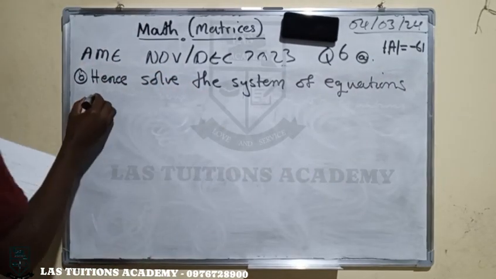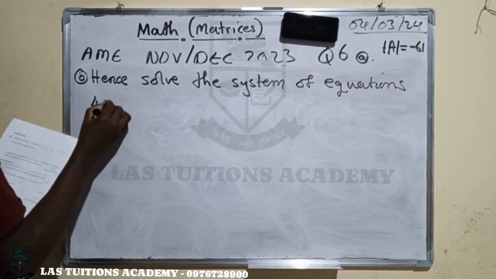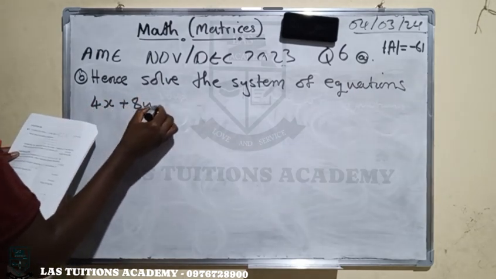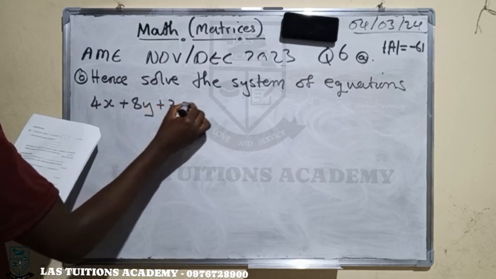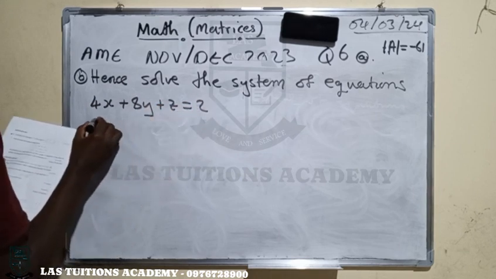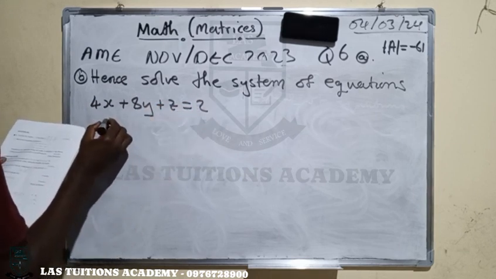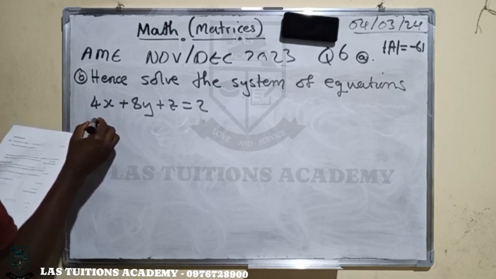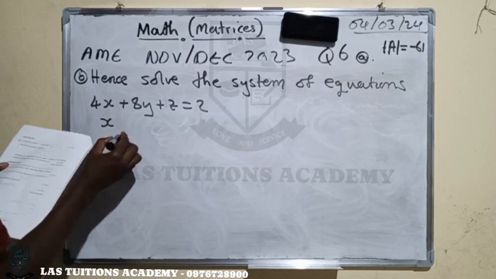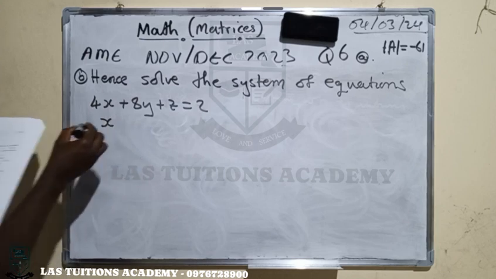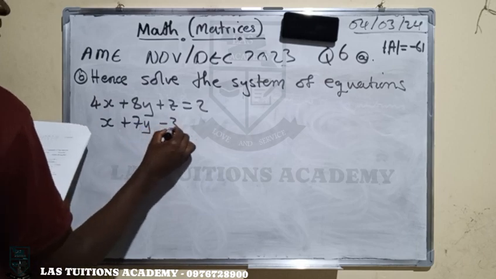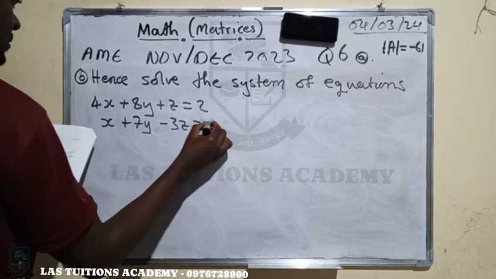So we have 4x plus 8y plus z is equal to 2. And then we have x plus 7y minus 3z is equal to negative 14.